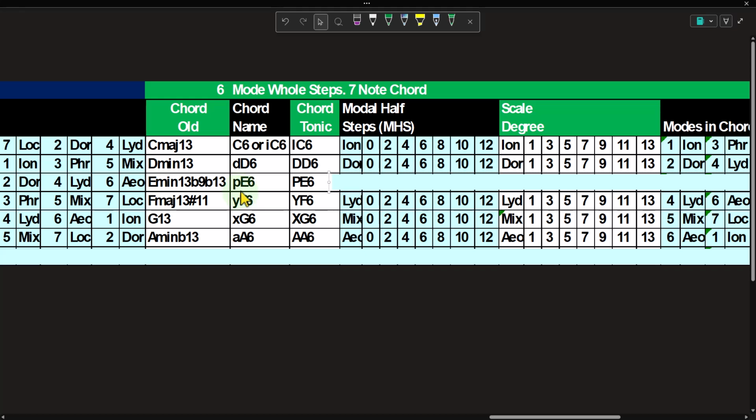So if you just call it a PE6, you could say, look, it's a Phrygian chord around the E, and it's a 7-note chord, meaning you go from the E and you go 6 modal whole steps up, or you just, from the interval standpoint, use the Phrygian intervals, right? That's all you have. And then that would be Phrygian 0, 2, 4, 6, 8, 10, 12 from a scale degree, 1, 3, 5, 7, 9, 11, and 13.